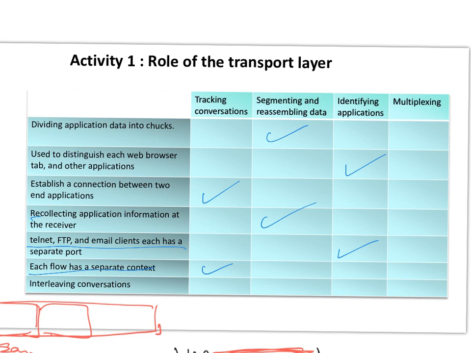So this is tracking conversations. Interleaving conversations. What does interleaving mean? Segments from multiple conversations will be mixed or combined together to be able to share one network medium. So this is multiplexing.